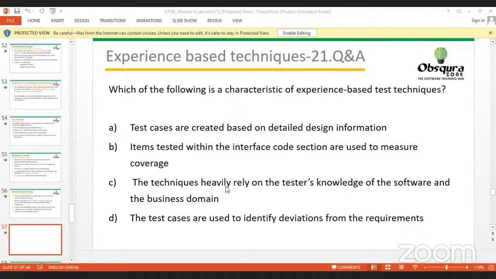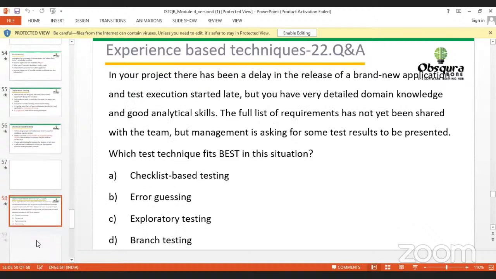Now, test techniques heavily rely on testers' knowledge of the software and the business domain. That is experience-based testing. And the last one: test cases used to identify deviations from requirements. That is which type of testing? Yes, black box testing. So option C is the correct answer.